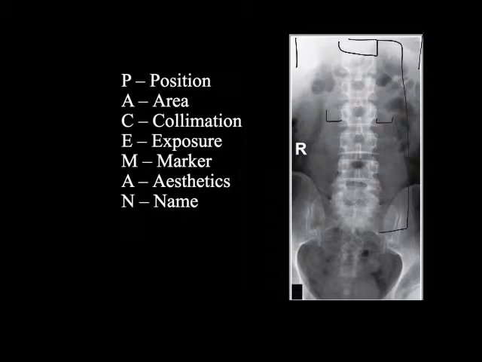The marker, the image is correctly marked. The aesthetics, these would be things like whether things are elongated or if there's a double exposure. It looks aesthetically pleasing. And then, of course, the name is blocked out here, but we would want to make sure that in PACS it's appropriately named.